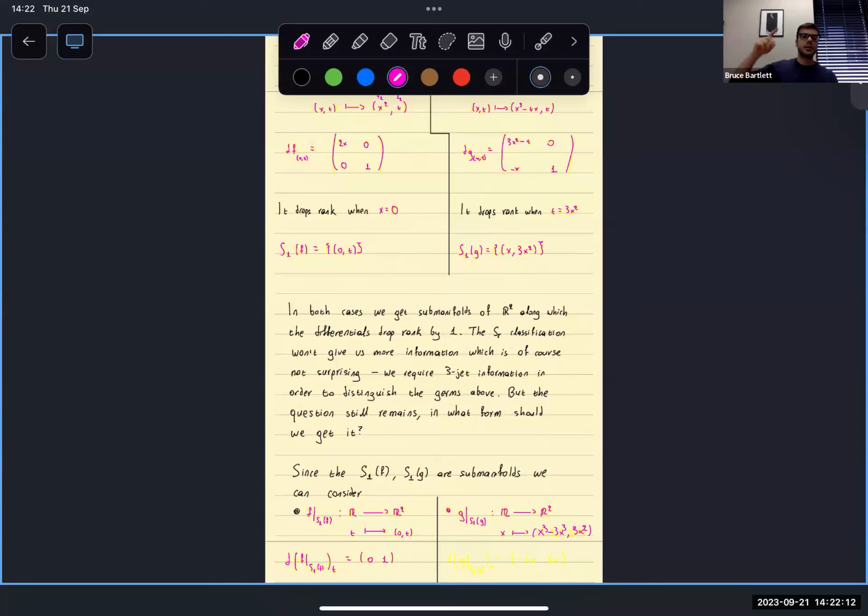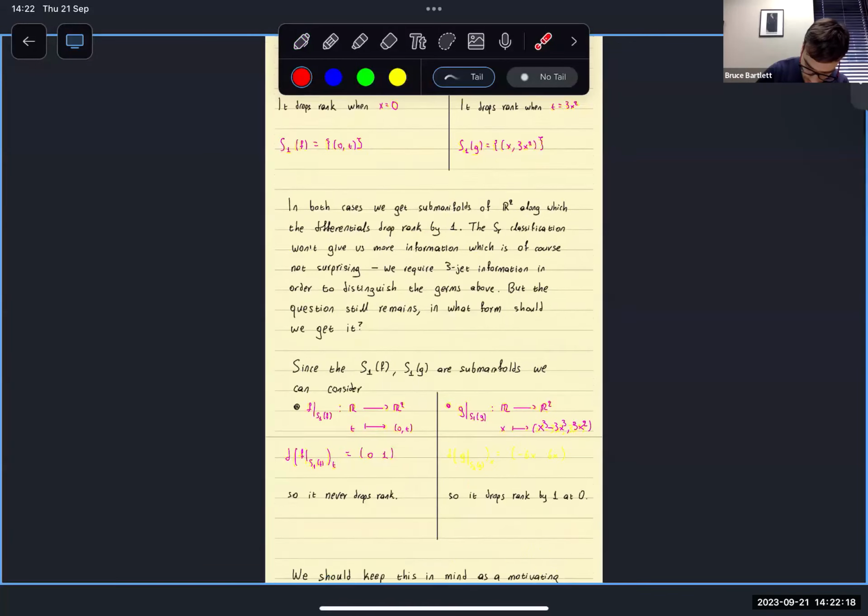Because t for us is going to be 3x squared.